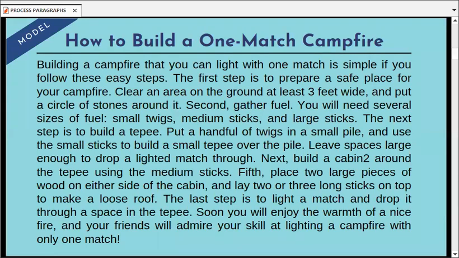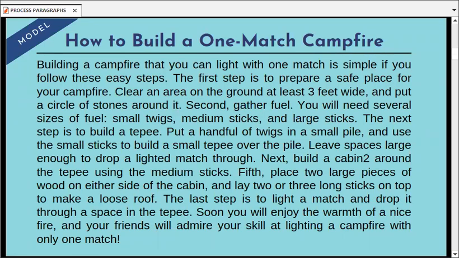How to build a one-match campfire. Building a campfire that you can light with one match is simple if you follow these easy steps. The first step is to prepare a safe place for your campfire. Clear an area on the ground at least 3 feet wide and put a circle of stones around it. Second, gather fuel.